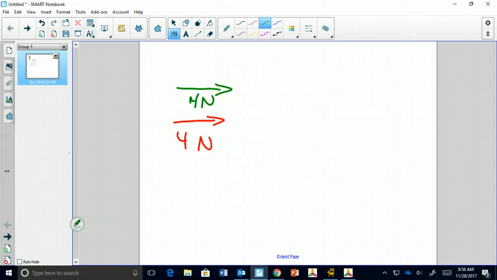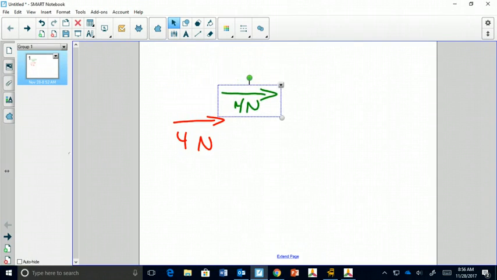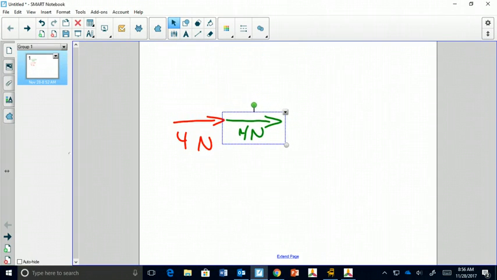How much force is being put onto this chair? Pretty straightforward, right? Are you comfortable that we could visually, I could take, now let's see if this smartboard will work for me, I could visually take Kieran's force and put it right on top of my force.